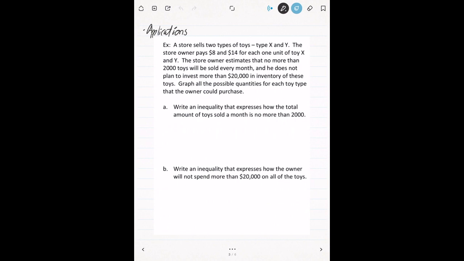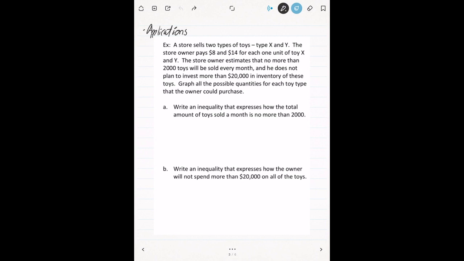Now the owner pays $8 and $14 for each 1 unit of toy X and 1 unit of toy Y. So if we're the owners, it costs us $8 to get toy X in and $14 to get toy Y in. Like we have to buy it from a wholesaler to sell it, and this is how much it costs us.